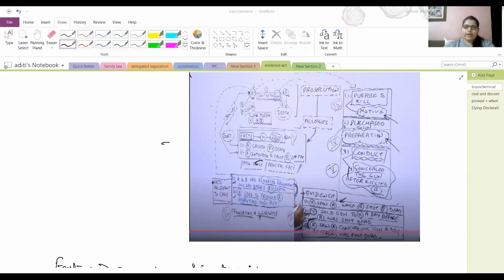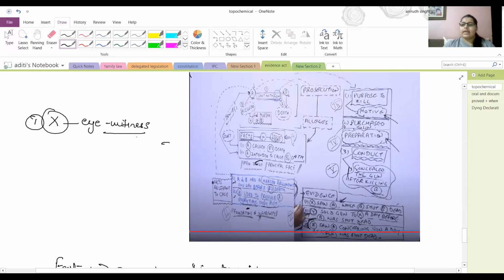So if we consider these three statements that are your evidences over here: that X saw A shoot B dead. The first claim is that X here is an eyewitness.